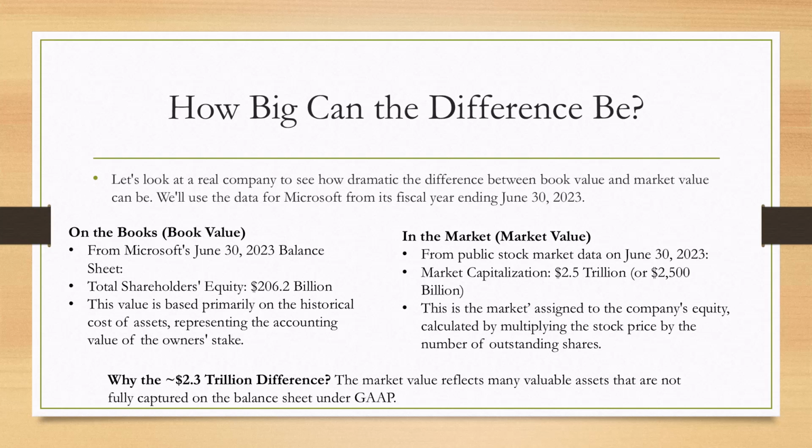Now, let's look at their market value. On that same day, the market capitalization of Microsoft, which is the value the stock market assigned to the company's equity, was approximately $2.5 trillion. So why is there a roughly $2.3 trillion difference? It's because the market value reflects many valuable assets that are not fully captured on the balance sheet under GAAP.